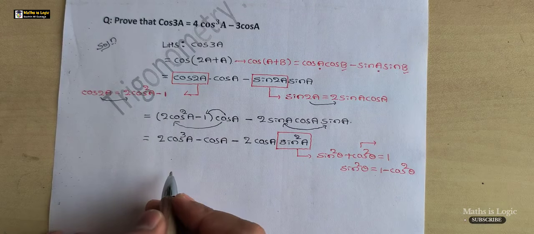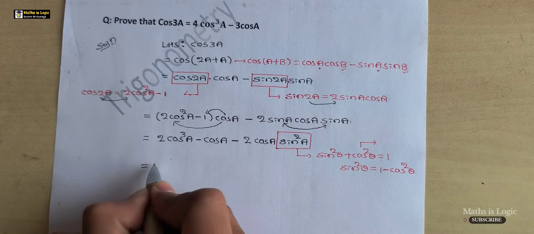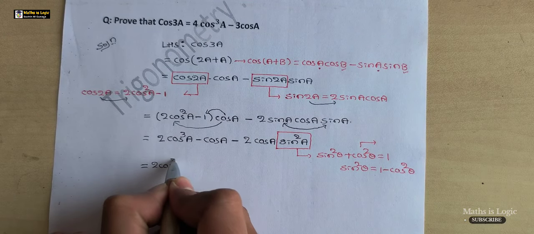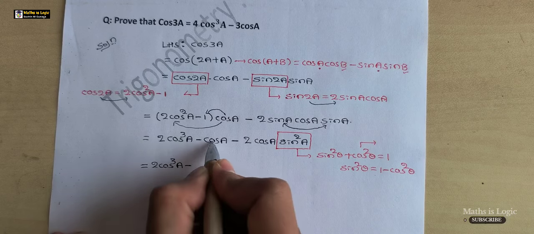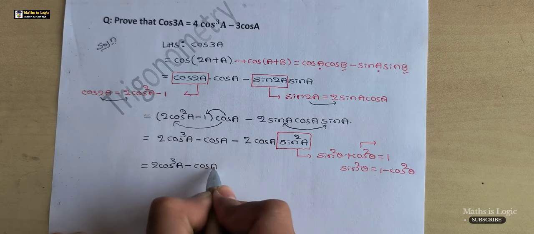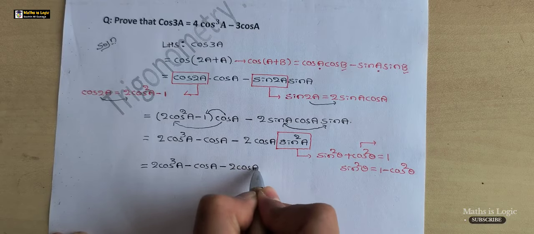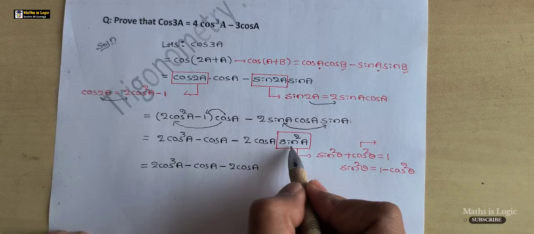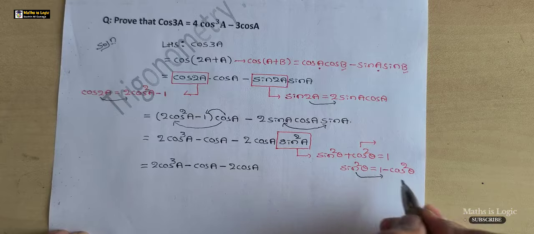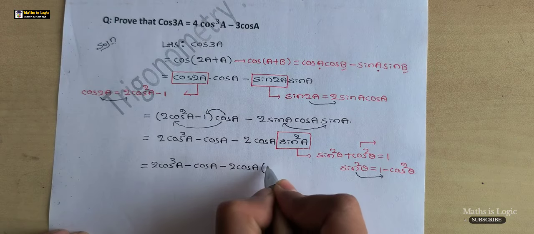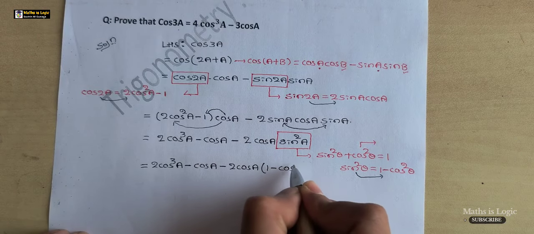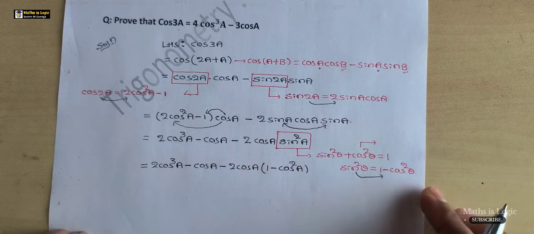Therefore, this is equal to, first 2 cos cube A, keep it as it is, minus cos A, keep it as it is, minus 2 cos A also, keep it as it is. Next, replace sine square by 1 minus cos square. So in bracket 1 minus cos square A.